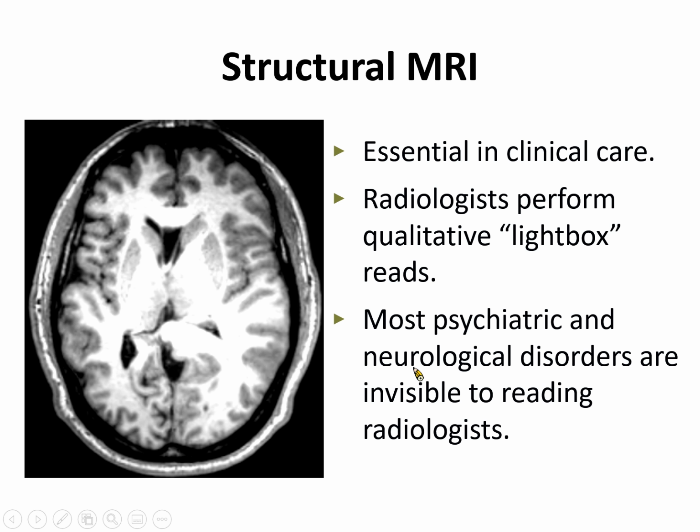But many psychiatric disorders like schizophrenia, bipolar disorder, even major depression, or neurological disorders like Alzheimer's disease and Parkinson's disease do not have visible patterns. Because of this, radiologists, the pattern doctors, cannot recognize these diseases just based on MRI imaging.